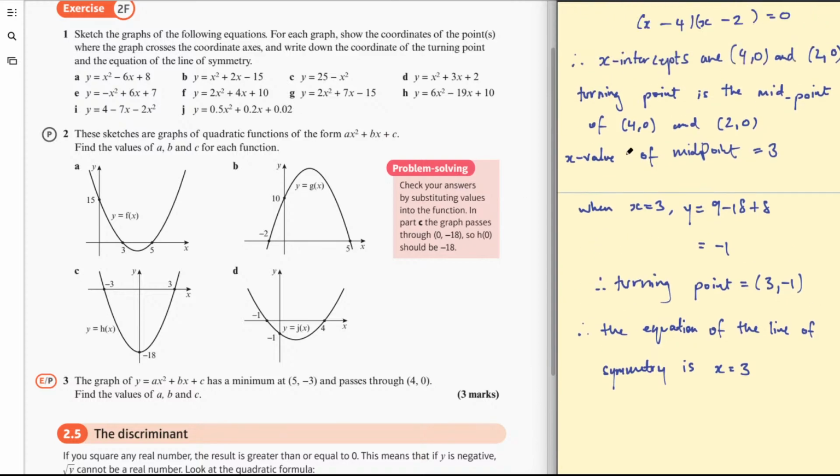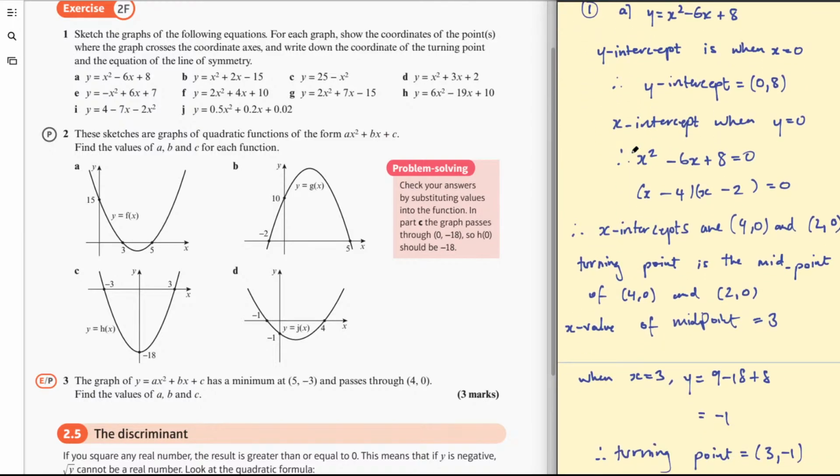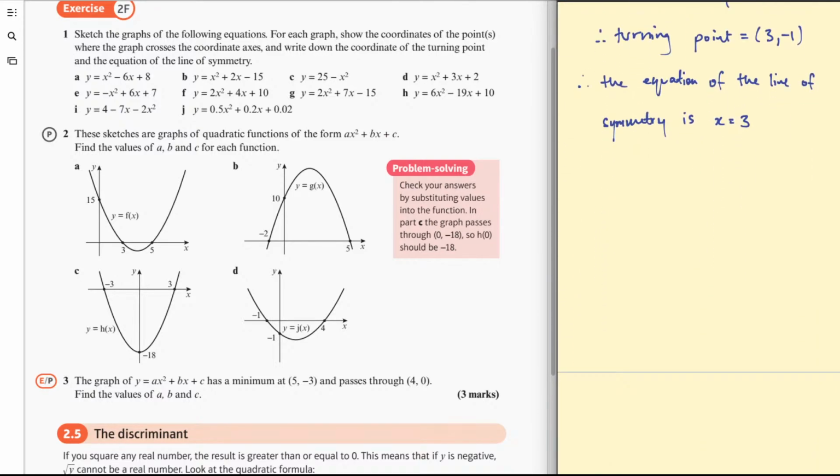So they take quite a bit of time. Oh, and then I need to sketch it. So I haven't even finished yet. Okay, let's draw it like this. So this is the y-axis, this is the x-axis.